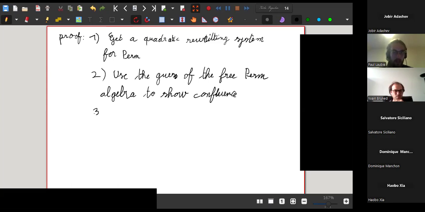And the third step is we use the Gröbner basis criterion of Dotsenko and Khoroshkin, so I hope I'm not misspelling it.